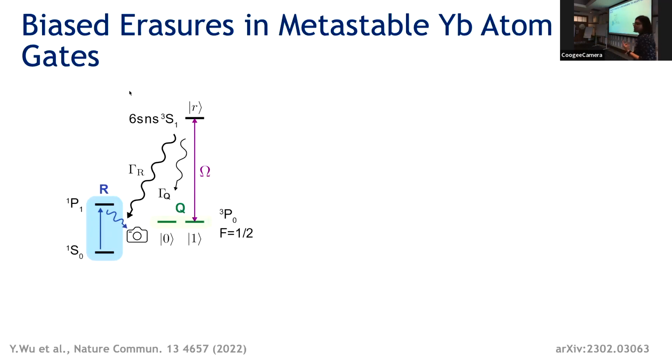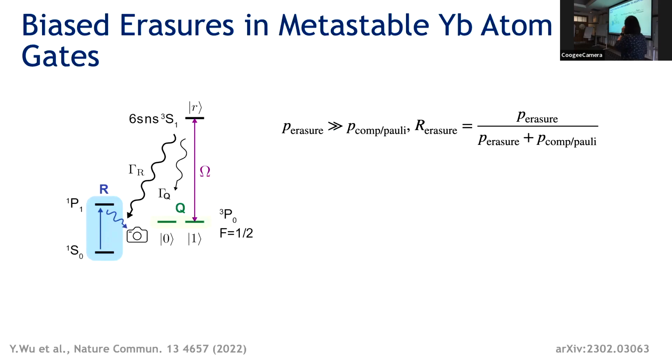So what you can do is apply some extra laser pulses to see if there is any population in one of those other subspaces. And if you see any population in one of the other subspaces, say in the ground state, then you know something went wrong. You know that your Rydberg state decayed and something has gone wrong to the qubit, and that's like an erasure error.